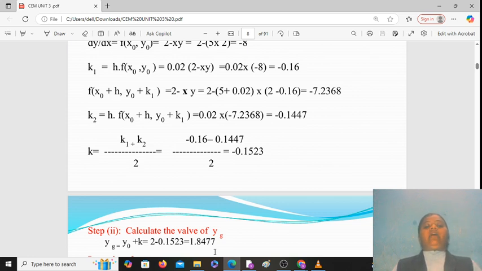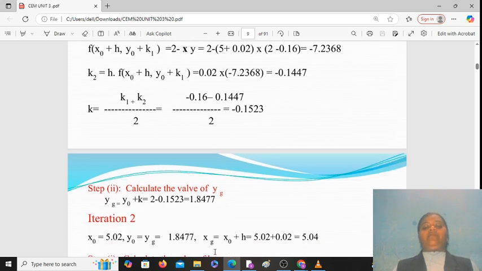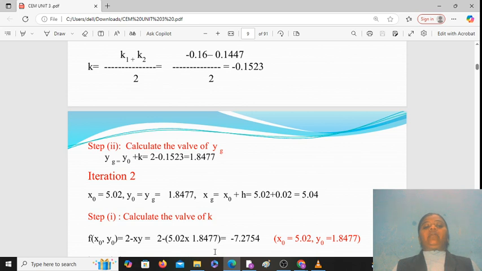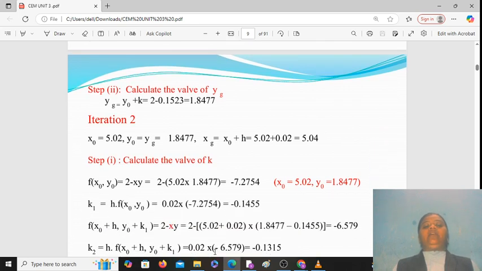The value of K1 is minus 0.16 and the value of K2 is minus 0.1447, divided by 2, which is equal to minus 0.1523.